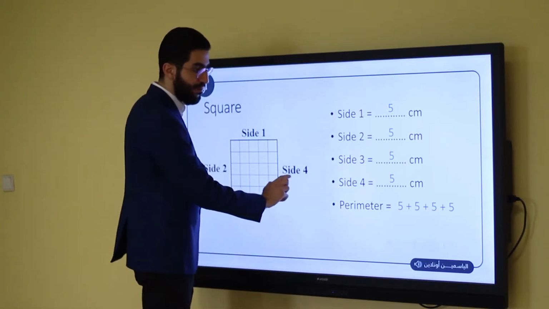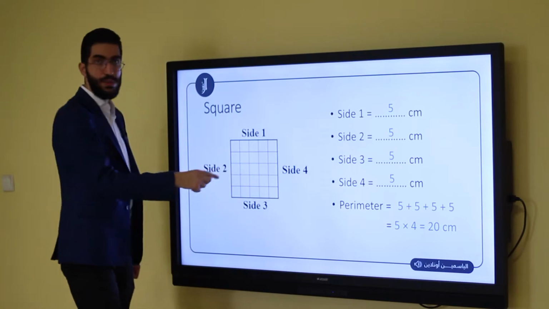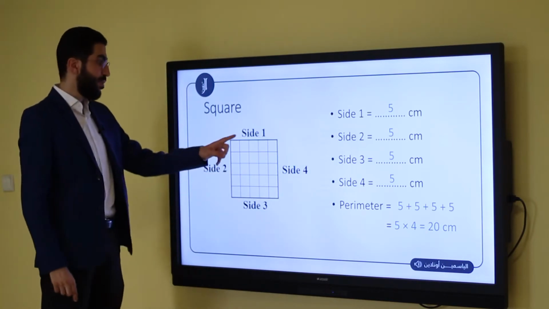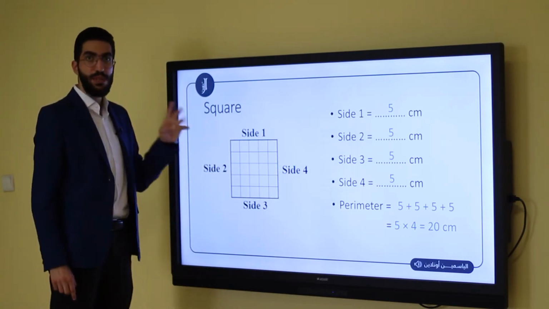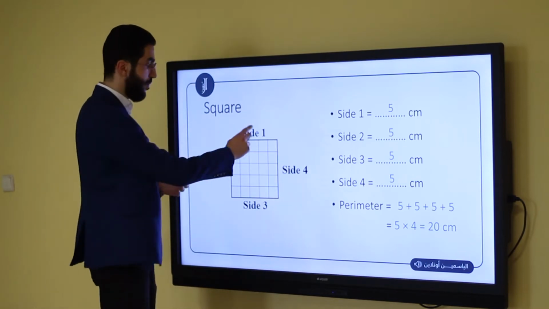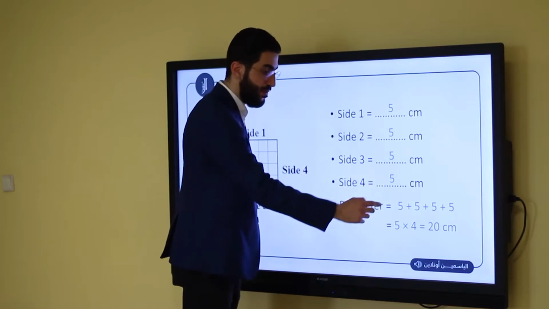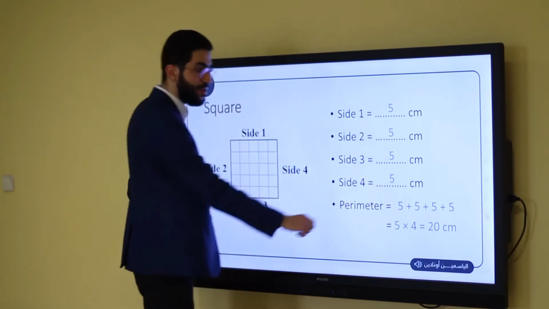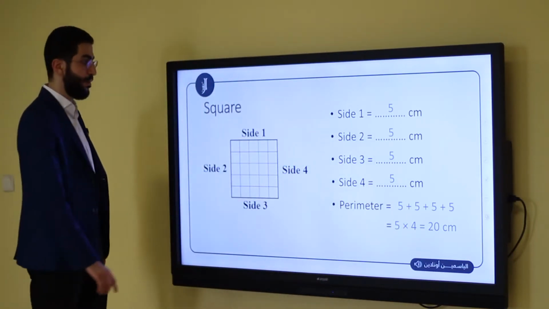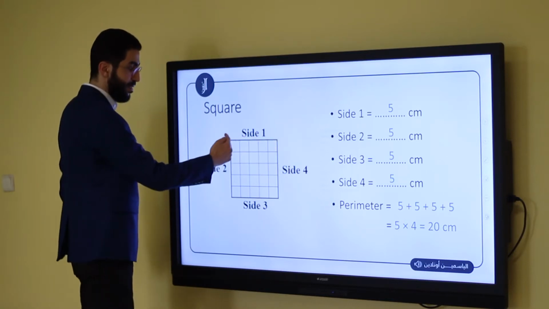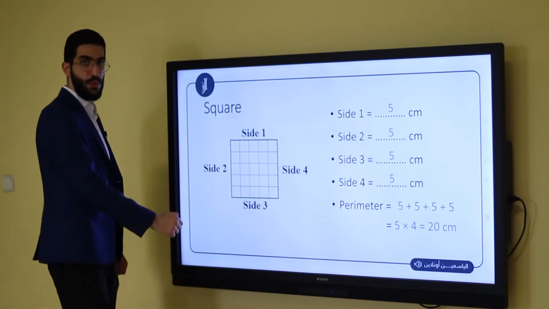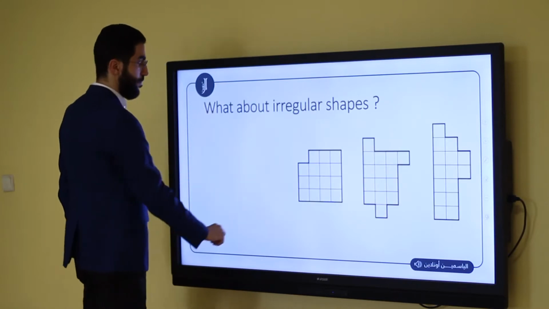That's why we have multiplication. In the square, we just multiply the length of one side by 4, because all 4 sides are the same. So instead of 5 plus 5 plus 5 plus 5, we do 5 times 4, which is equal to 20 centimeters. So the perimeter for the square is 20 centimeters.